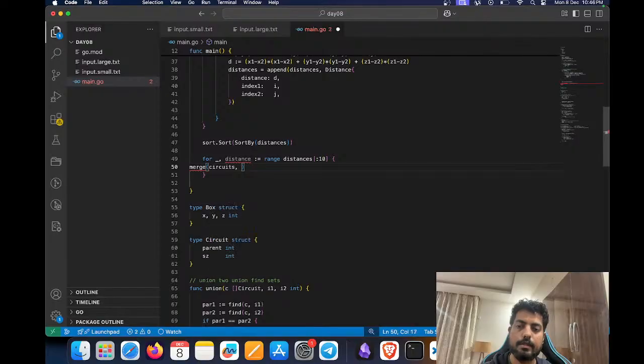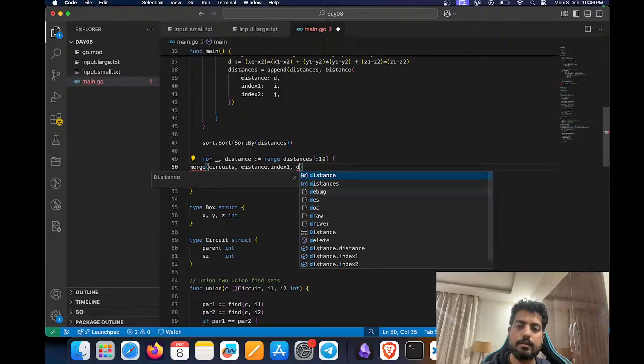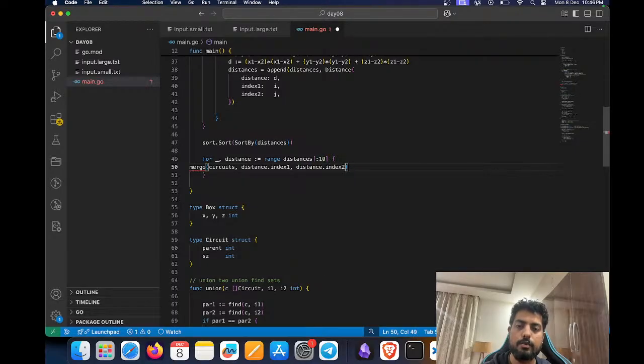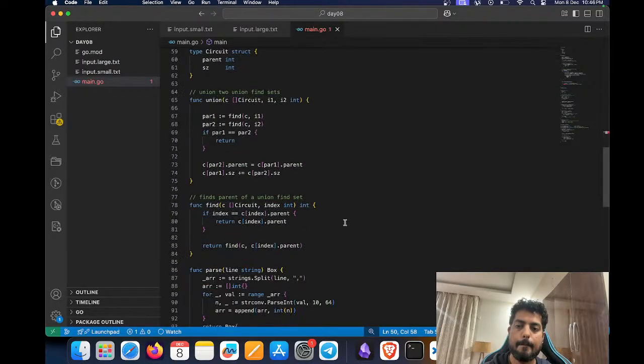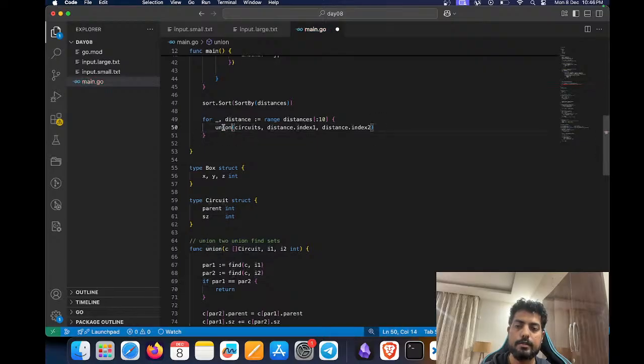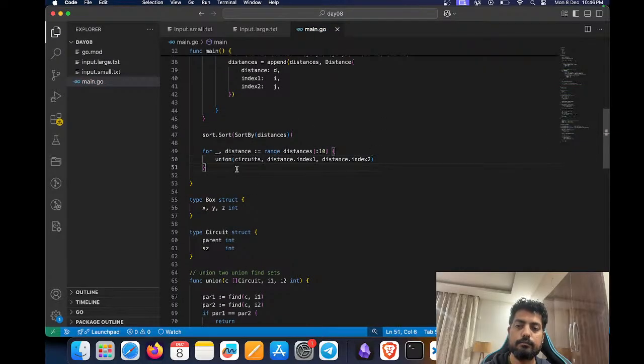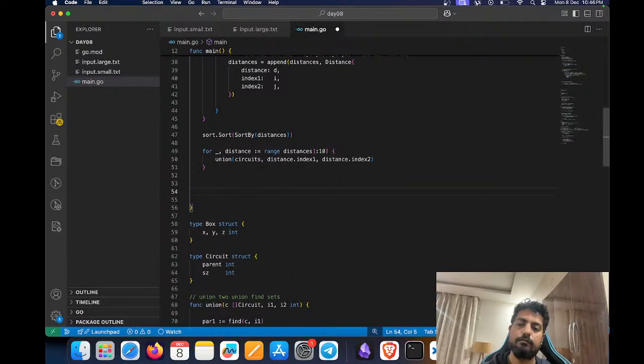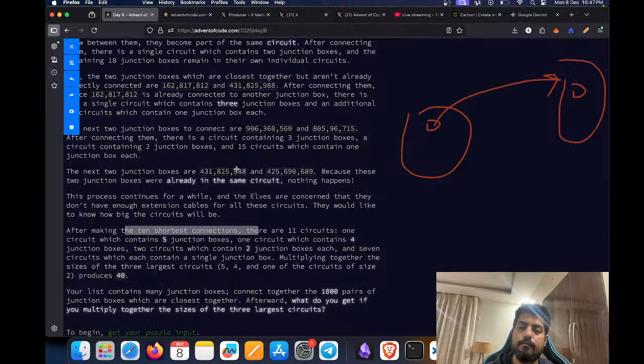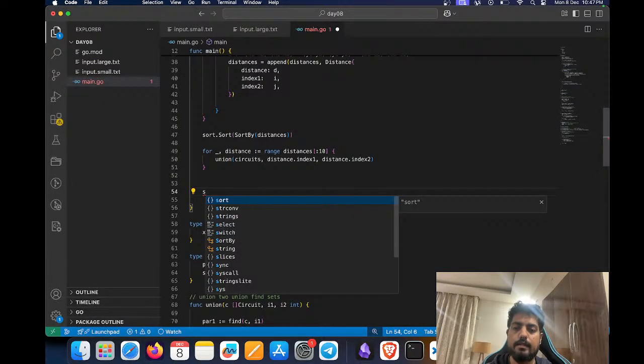We have the circuits and distance dot index 1, distance dot index 2, so we are calling it union. So now we have each of them merged. Okay, and what are the sizes that we have?